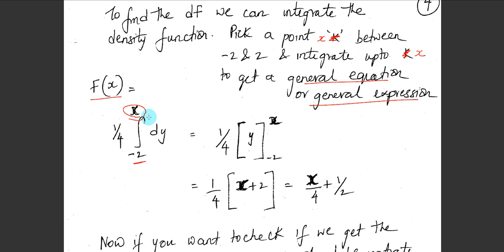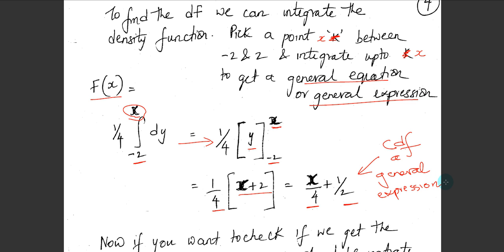So you have 1/4 outside, which was the value of k. This 1/4 stays here, and now you have y with the limits -2 and x, and if I substitute that, I get (x plus 2) divided by 4, or x over 4 plus a half. So this is the cumulative distribution function, a general expression of the CDF that can be used to answer other types of questions as well.